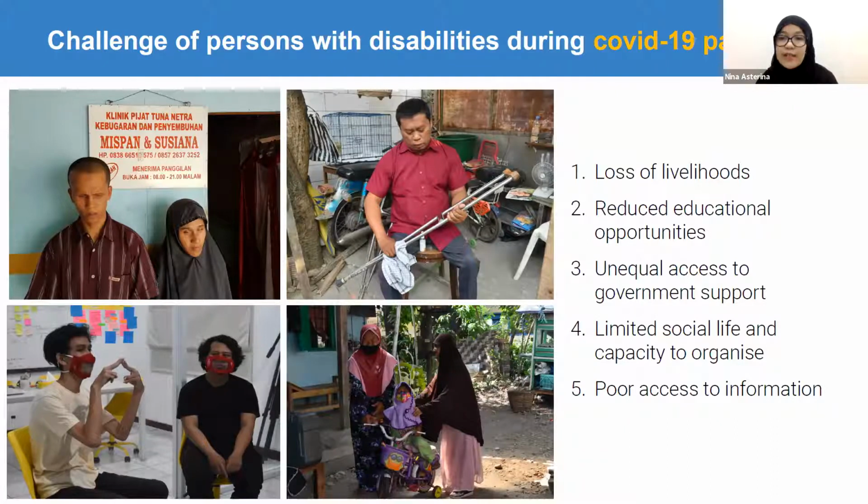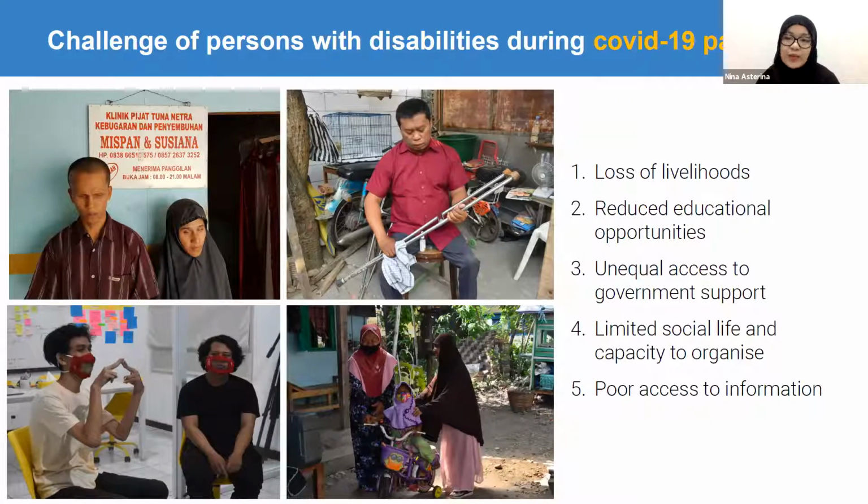And then the third one is unequal access to government support. Because segregated data is not available in the city, it creates unequal access for those trying to get governmental support during this pandemic. Okay, and then the fourth one is limited social life and capacity to organize.